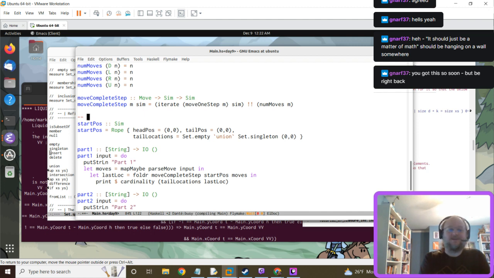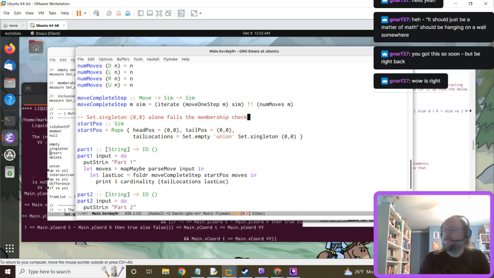We are getting, all right. If there's anything I know about set theory, it's that taking the union with the empty set should not make a difference.